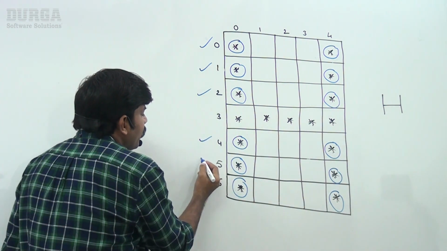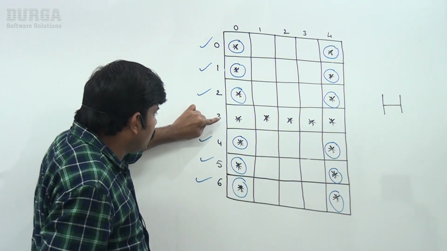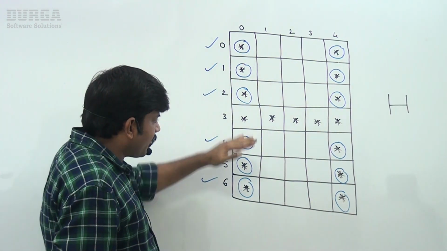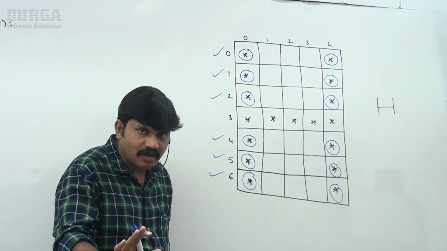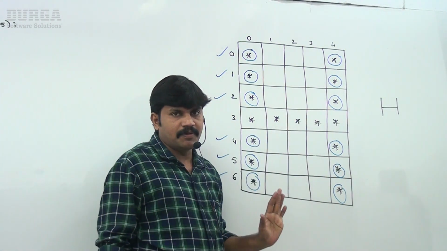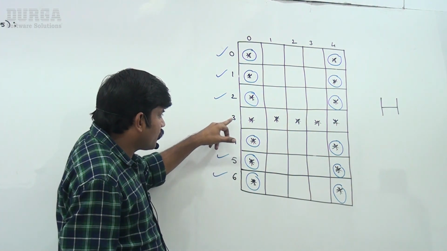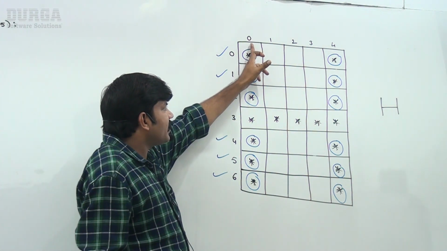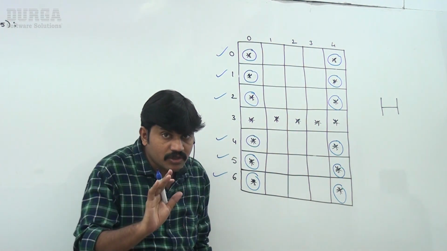So except the third row, in all remaining rows I want a star symbol in the 0th column and the 4th column. Remember this.